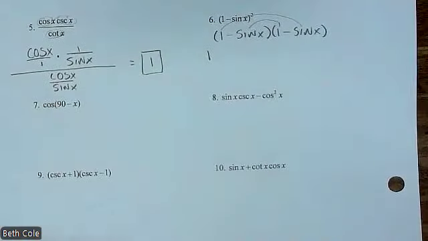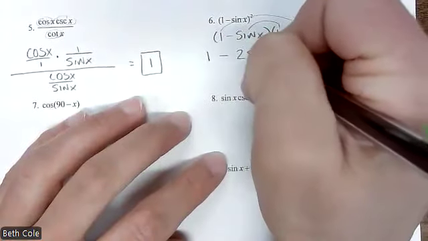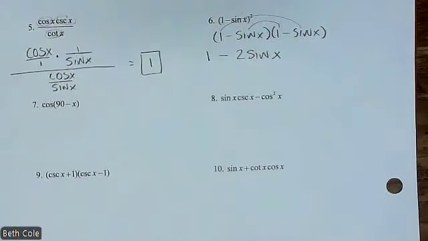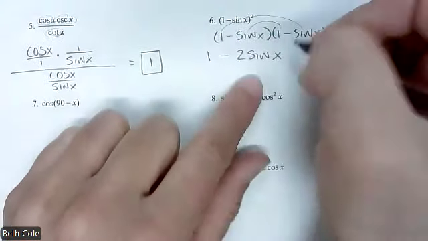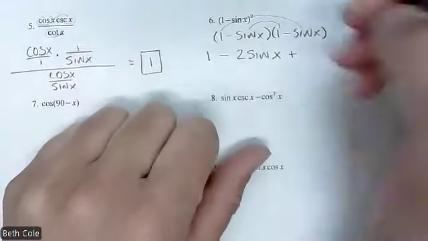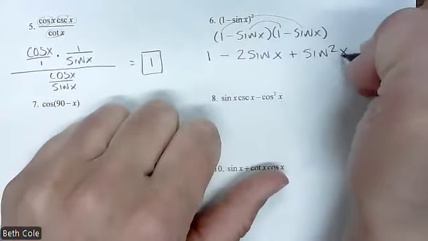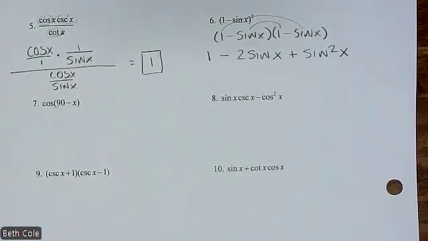The insides give you minus 1 sine x. So together, minus 2 sine x. You minus 1 of something and minus another one of something, you minus 2 of them. And then the last, negative times negative, positive, and sine times sine is sine squared. Nothing else we can really do with that.